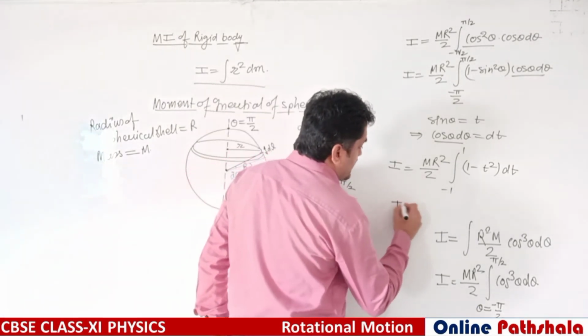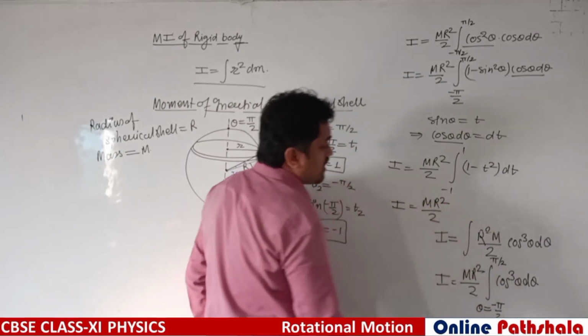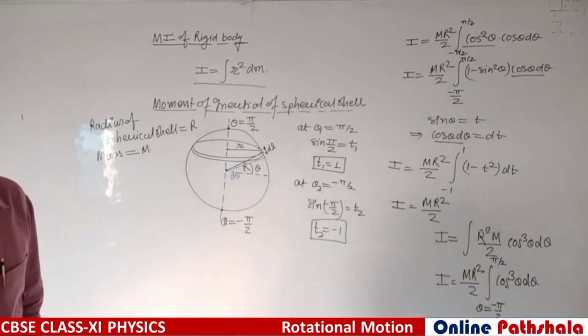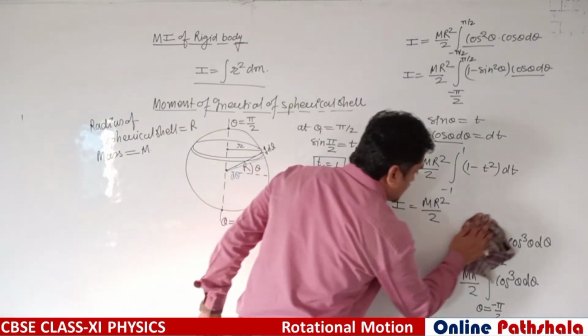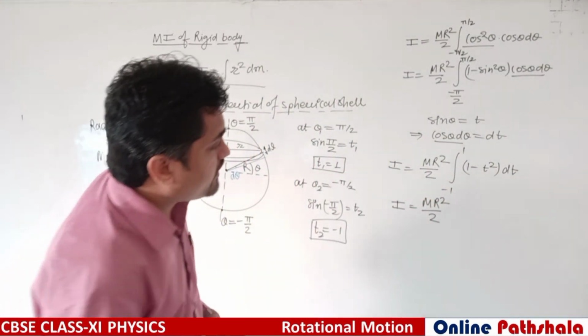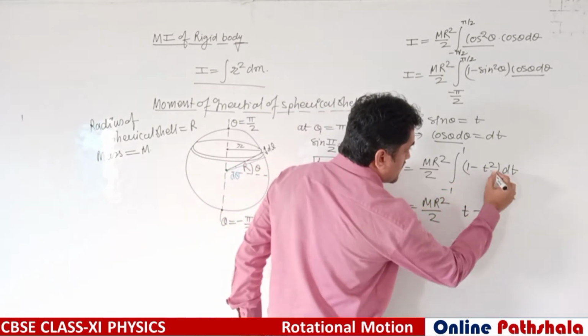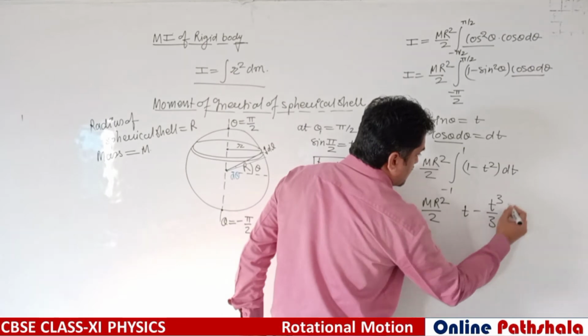Now, I is equal to mr square by 2. Now, integration of 1 is t and integration of t square is t cube by 3.